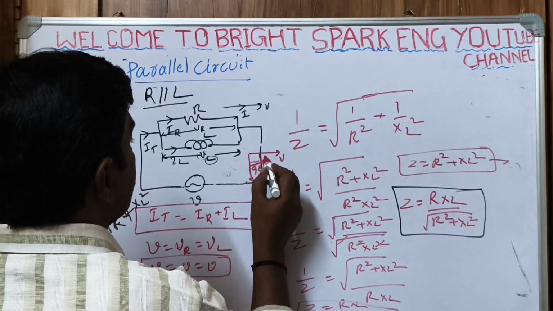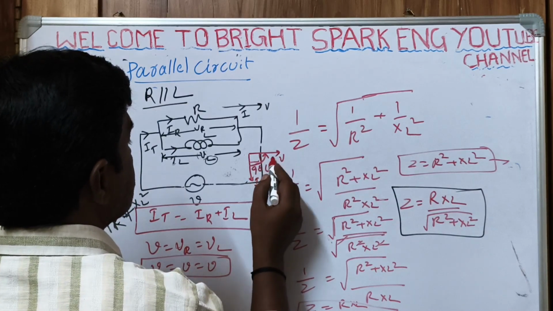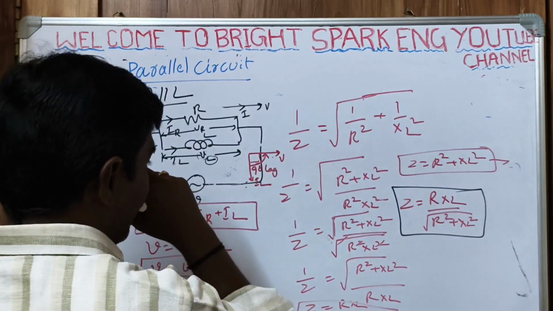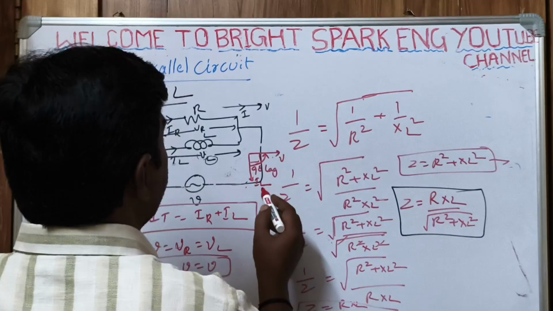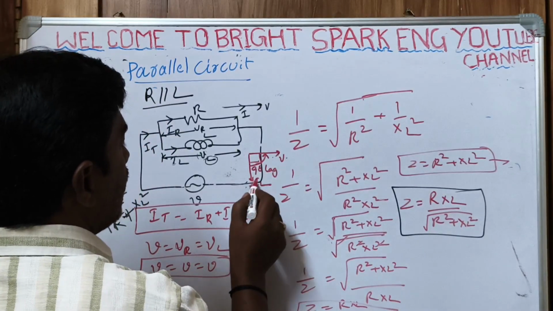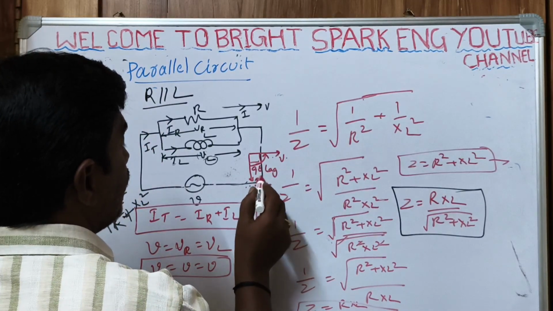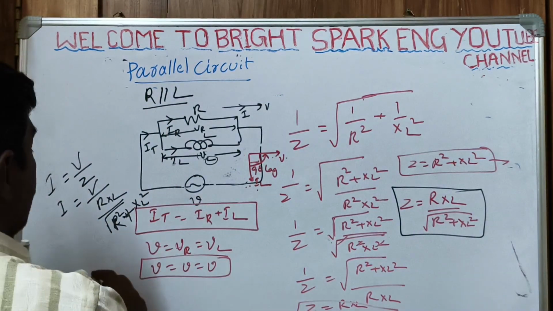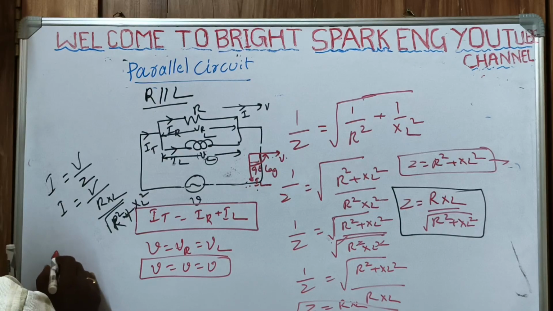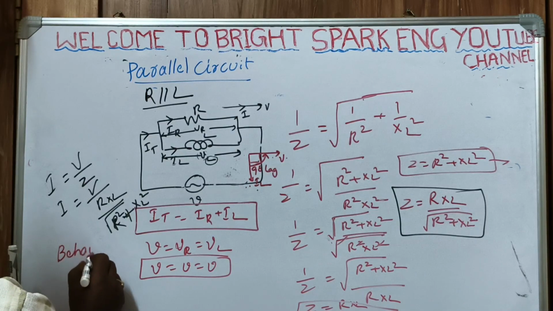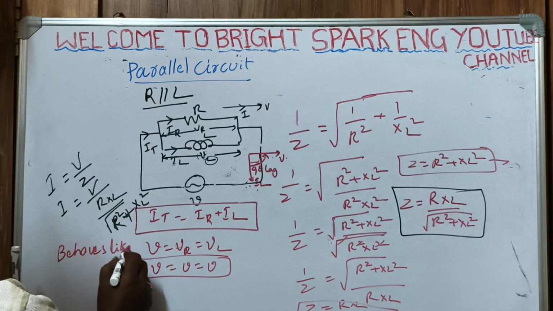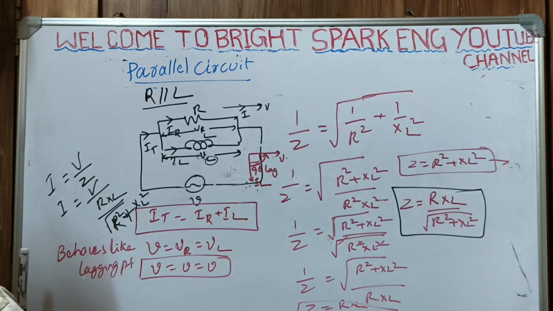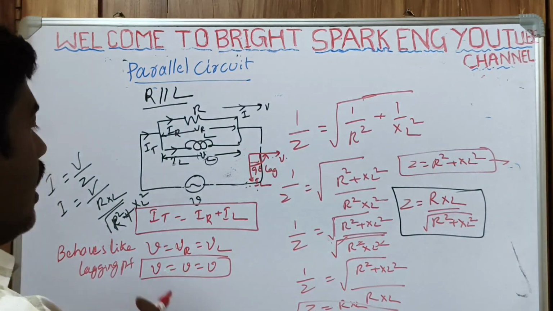This means the current in the inductor lags 90 degrees behind the voltage. That's why the circuit behaves like a lagging power factor circuit. This is the RL circuit.